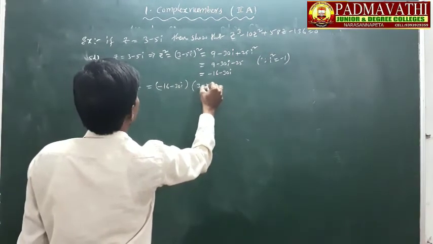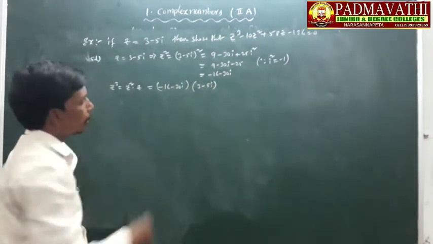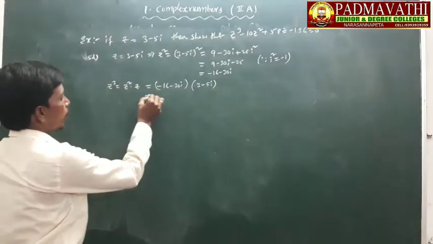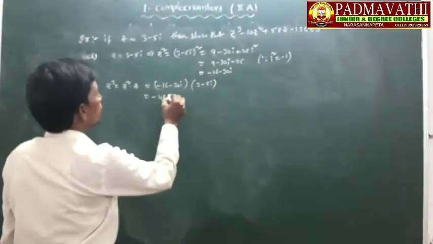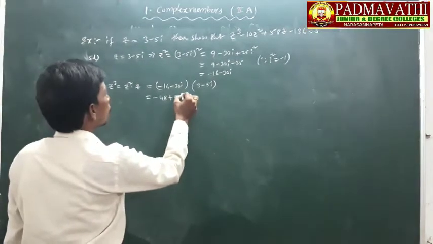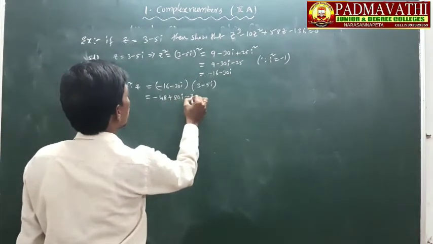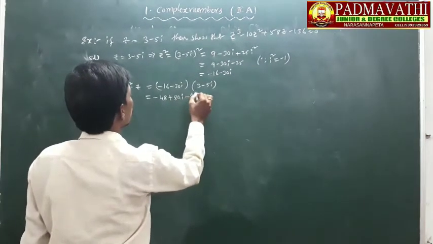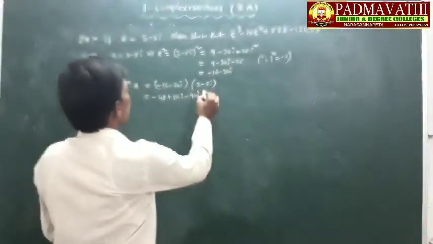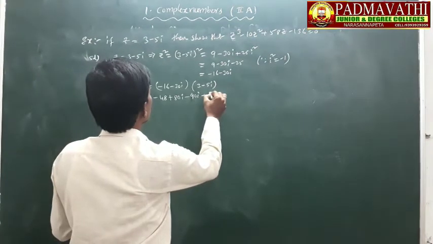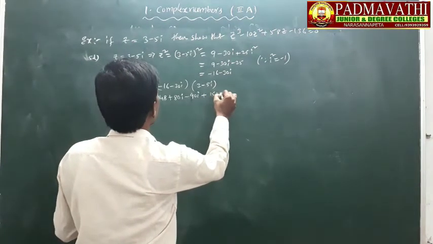What is the value of z? 3 minus 5i. Now these two multiply: 48 plus 80i minus 90i plus 150i square.